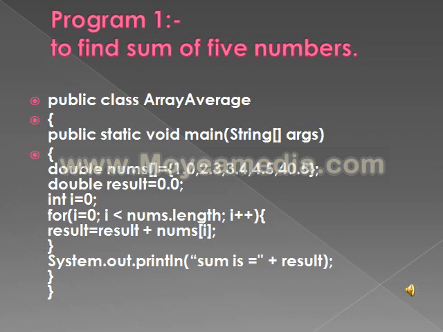And again i is incremented, it becomes 1, and at index 1 the value is 2.3, and 2.3 is added with the previous value of the result and you will get 3.3, and again 3.3 will be stored in the result. So keep on incrementing the i value and you will add all the elements in the array and finally you will get a result.